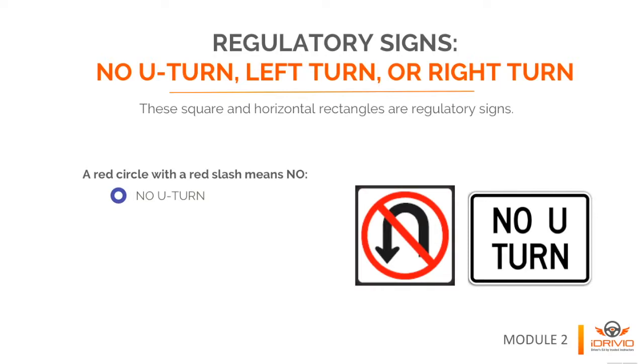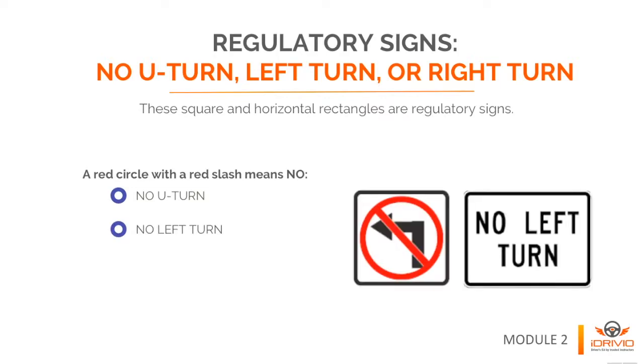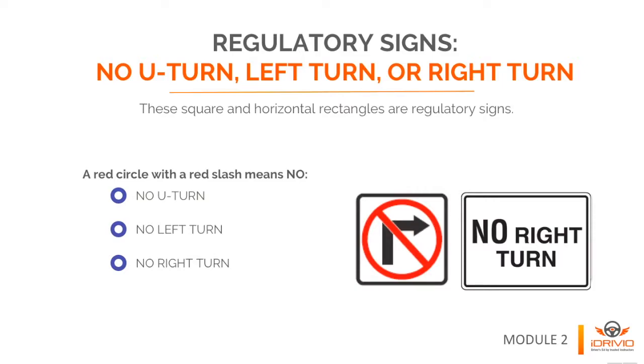You should avoid making U-turns on hills, in intersections, or when the road is curved, since visibility is limited in those situations. The no left turn sign indicates that turning left is prohibited. The no right turn sign indicates that turning right is prohibited.